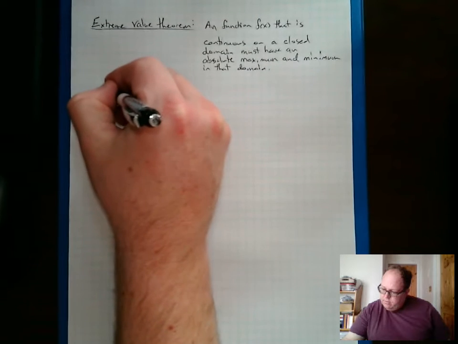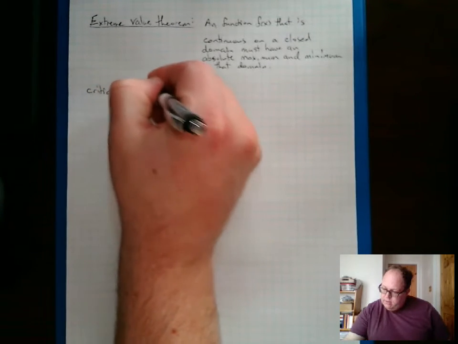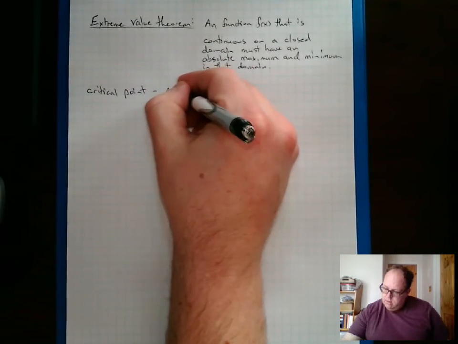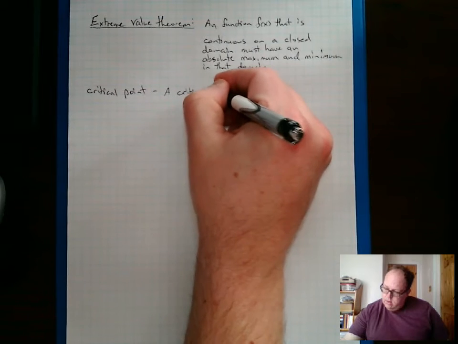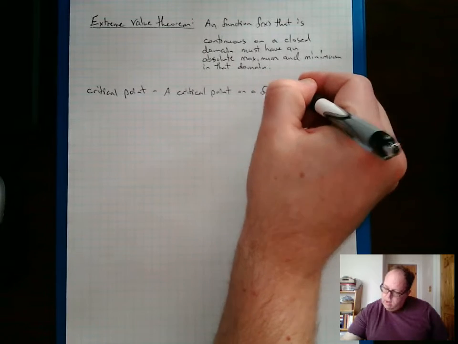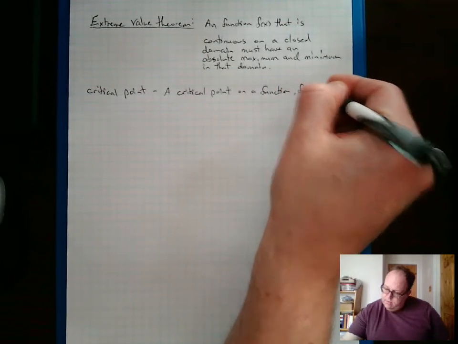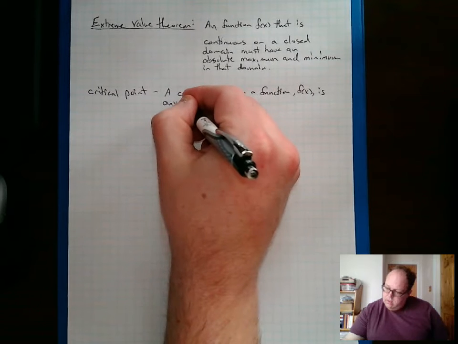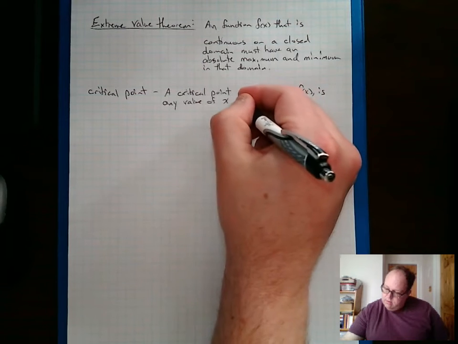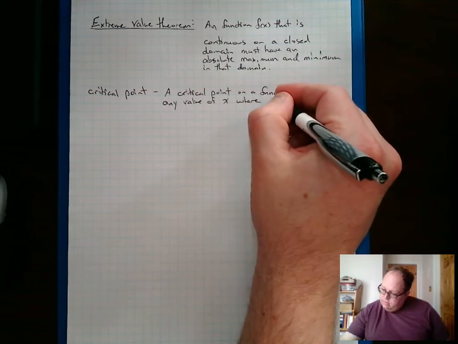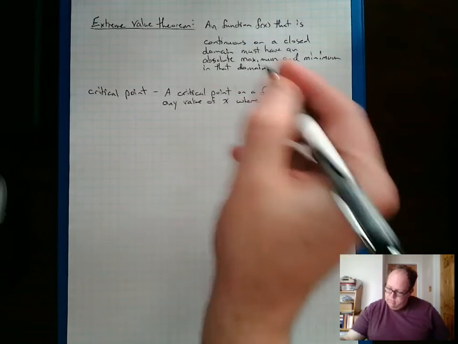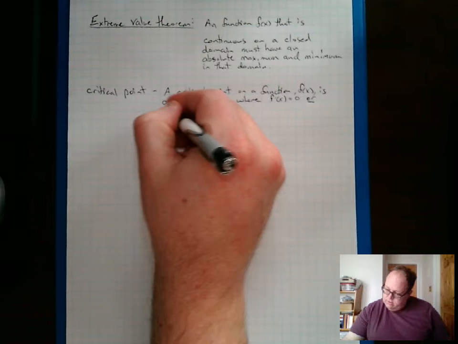Critical points. A critical point on a function of x is any value of x where your derivative is equal to 0 or your derivative does not exist.